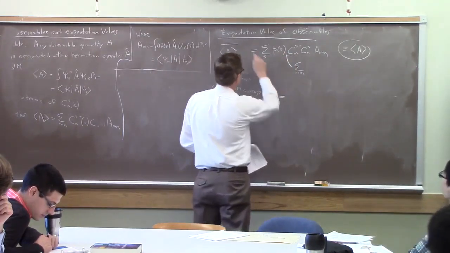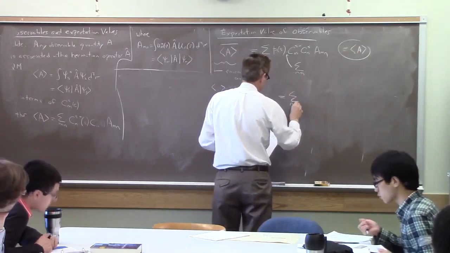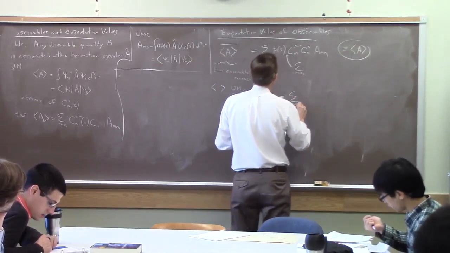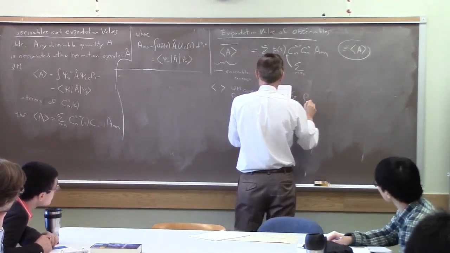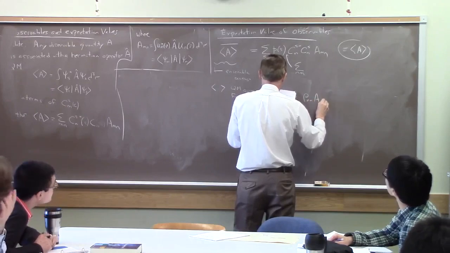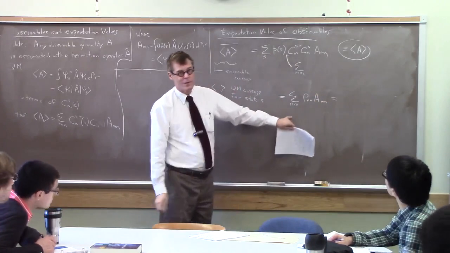Okay, now you look at this and you say, well, this is nothing but, let me just interchange the order of summation, the sum over n and m of rho nm A mn. And of course, there's a name for this.